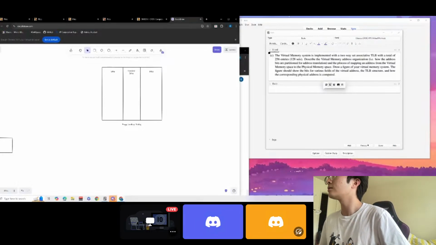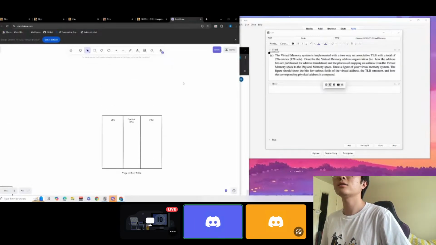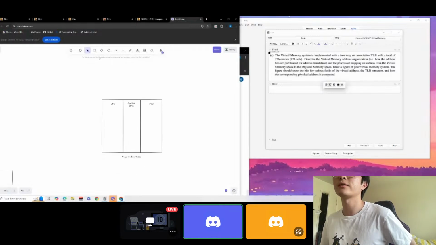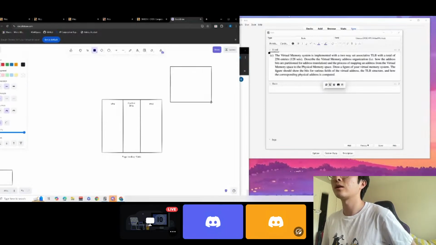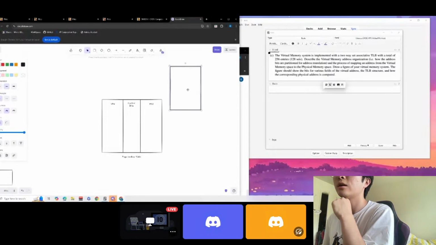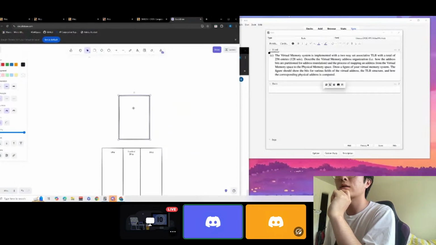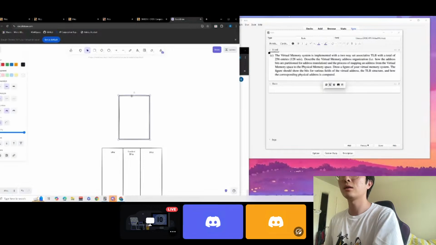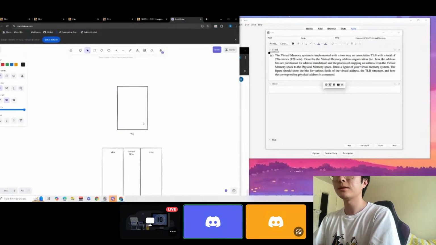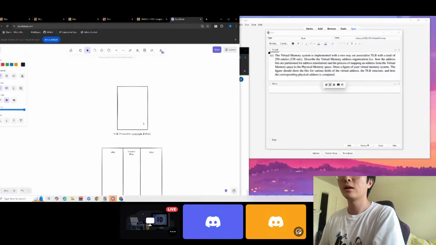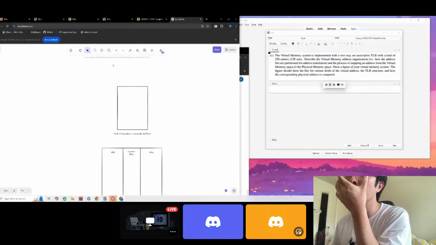And in this case, we have a translation look-aside buffer. So I think we can create another table here. This will be our TLB, our translation look-aside buffer. I think that's what it's called.